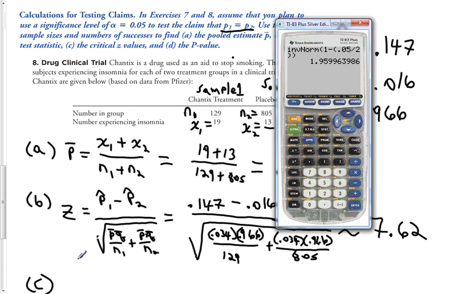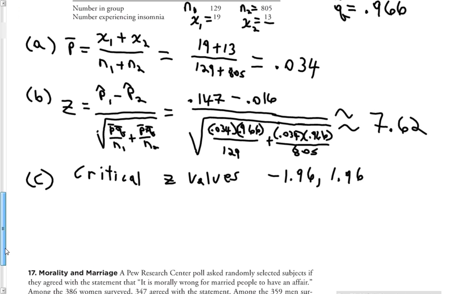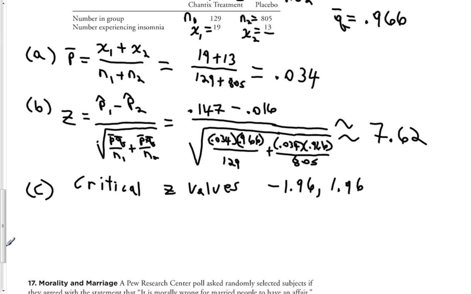So for part C, the critical z values are negative 1.96 and 1.96. We would utilize those numbers if we were trying to do the traditional method, and based on that, because of the test statistic and the critical values, we would reject the null hypothesis, because the critical values separate the rejection regions from the region where we would fail to reject.